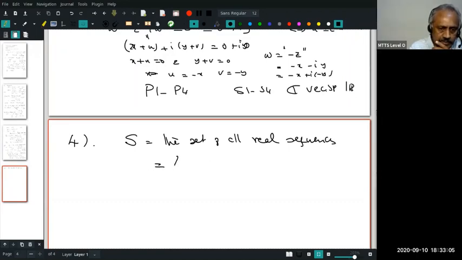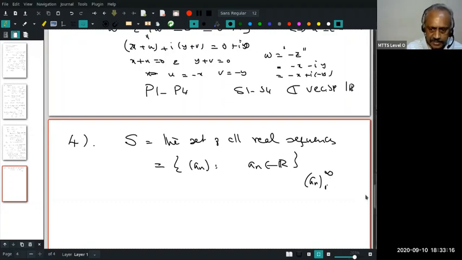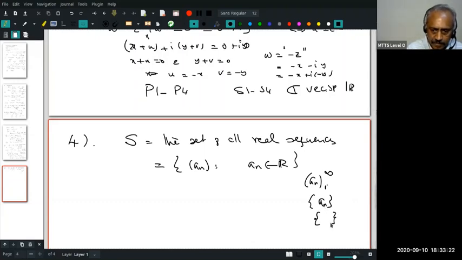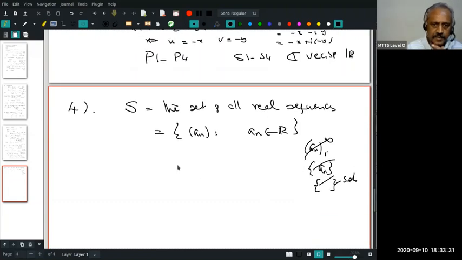This is with the standard notation where the a_n are real, and usually you will write n equal to 1 to infinity, but I don't write such things. I also don't write the sequence this way, because nowadays this notation is used for sets. Therefore I don't use this. Anyway.